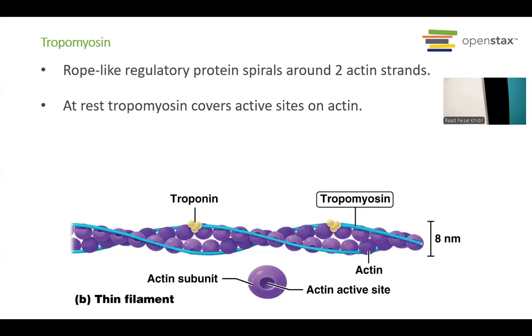It moves tropomyosin. You see, who's covering the active site, the hole? Myosin? Tropomyosin. Myosin is going to bind to the active site. It is tropomyosin, the long belt, that is covering it.